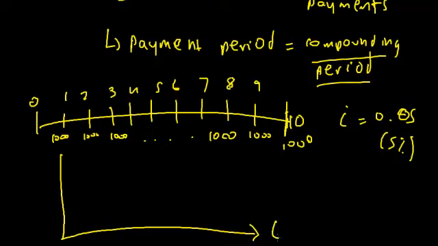This will earn interest equal to 1 plus 0.05 to the power of 9. This is basically saying it'll earn interest for 9 years. This is the interest that it'll earn.